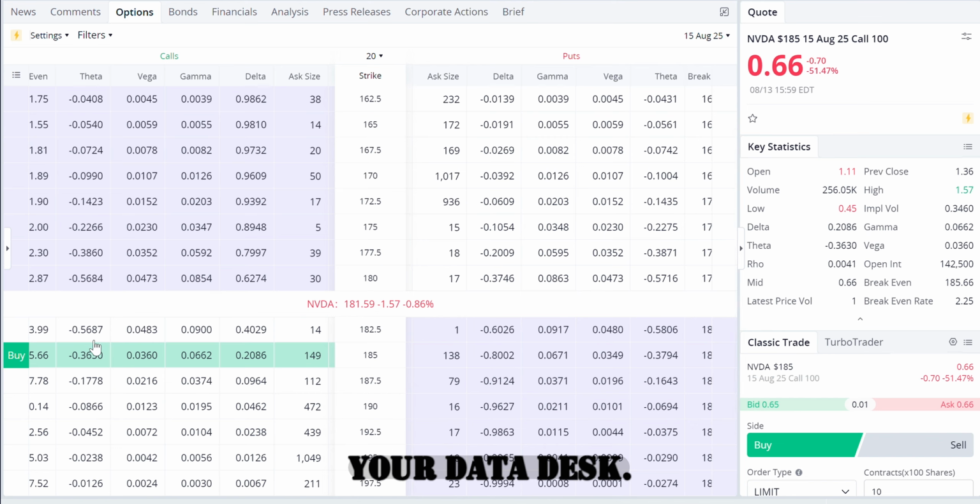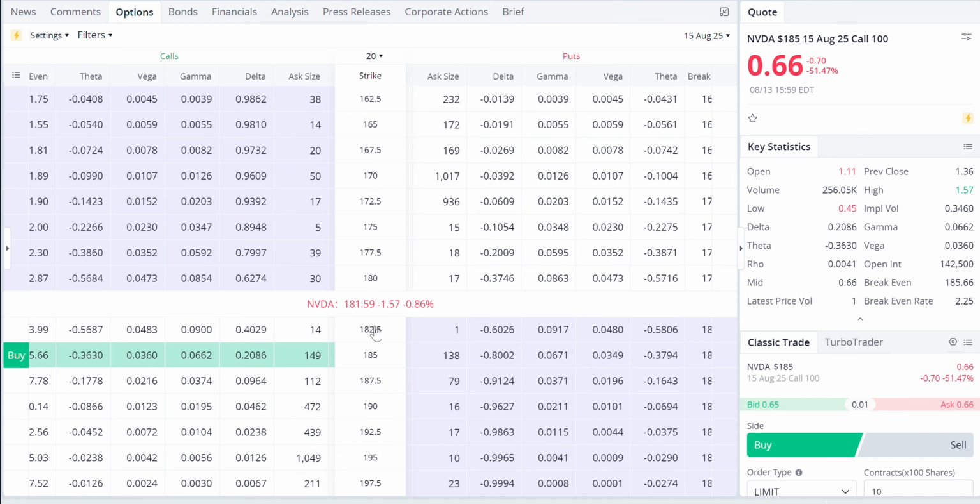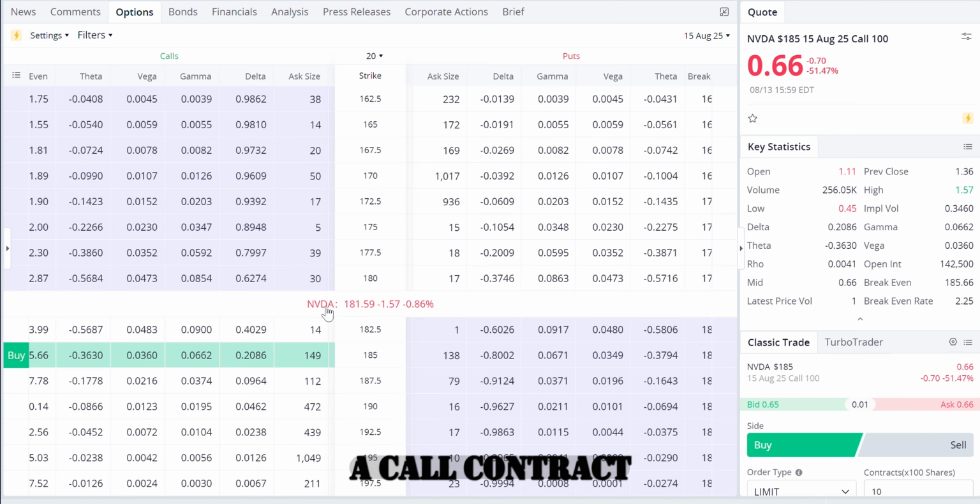Okay, your Theta, this is time decay. In regards to the contract, if NVIDIA stayed between 181 and 175 all day tomorrow, this time decay applies, although NVIDIA is coming to 182, and that's what you bought, a call contract, that NVIDIA will go up from 181.59 to 182.